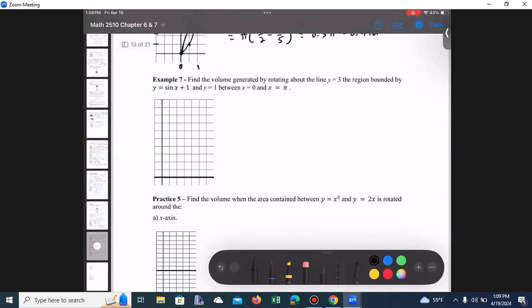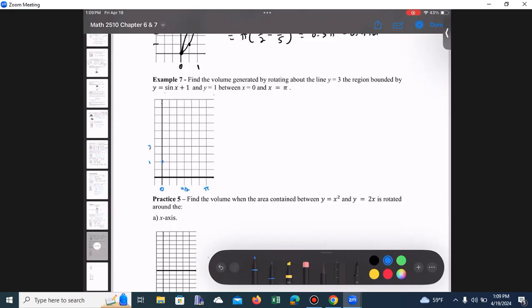Let me draw this out though. On the x-axis, we're going to mark 0, pi over 2, and pi. Plug 0 into sine of x, you get 1.